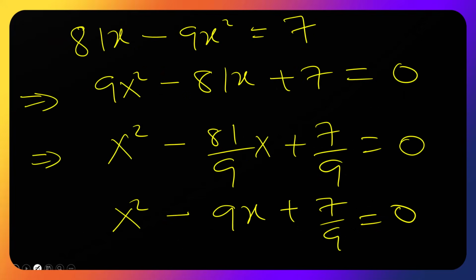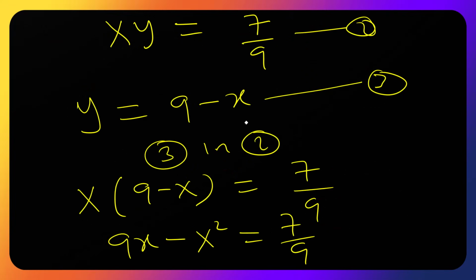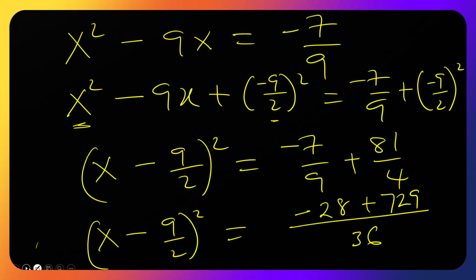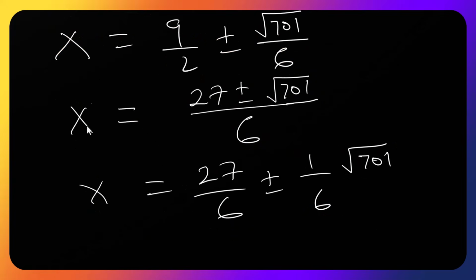So remember, y is here. Y is 9 minus x. Okay, so y is 9 minus x, but this is x. So if it is positive, okay, so we have y equals 9 minus.